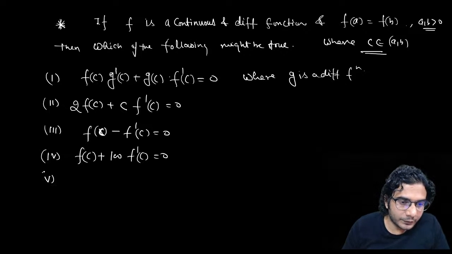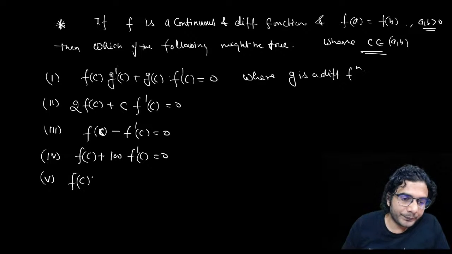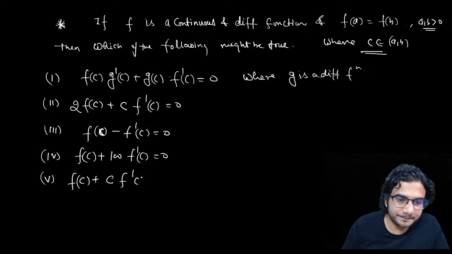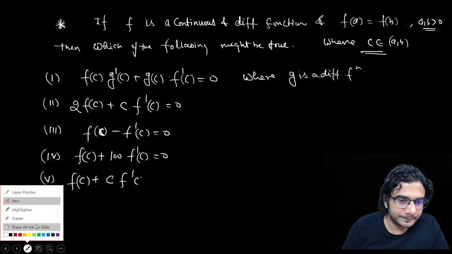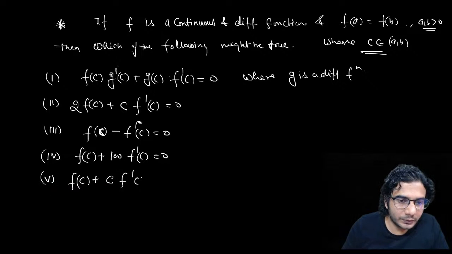Then we have option f of c plus c times f dash of a. Let me finish the options. I'm going to give you a lot of options. Wait a minute. Let me do some corrections here.